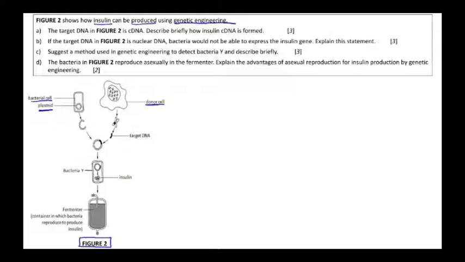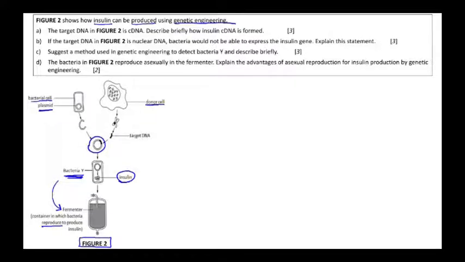After that, through insertion, the target DNA is inserted into the plasmid and then transformed into bacterial Y. Inside bacteria Y, the gene will be expressed to produce the protein, the hormone insulin. And this bacteria which can produce insulin will be cultured in a fermenter, a container where the bacteria will reproduce a lot to produce insulin.